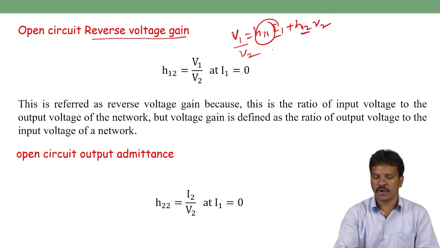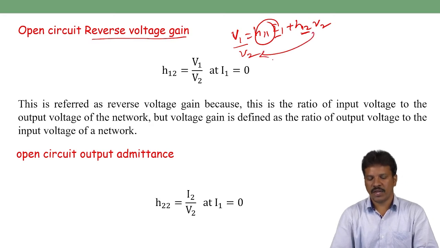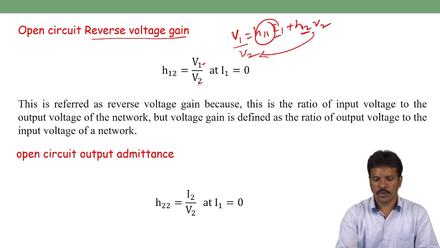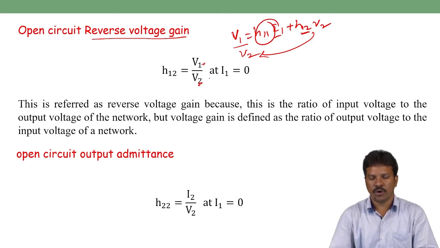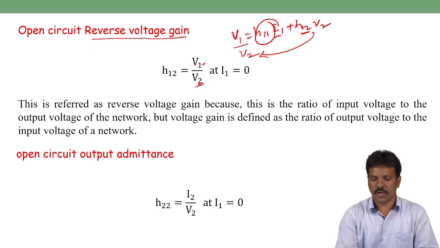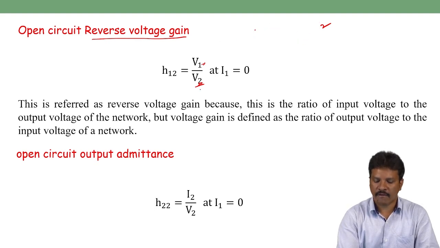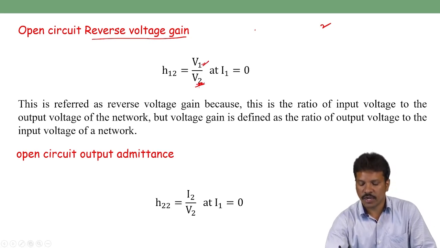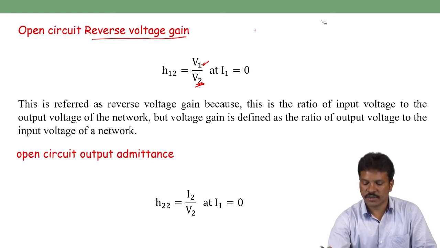When V1 by V2, what is V1? Port 1, the input port voltage. What is V2? It is the second port, the output port voltage. The numerator has the input voltage and the denominator has the output voltage. The general definition of gain is output by input.